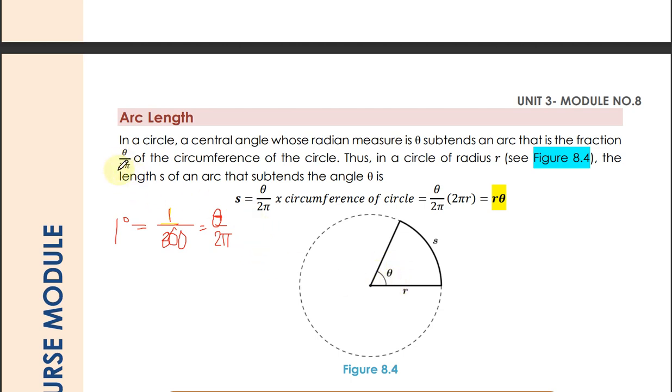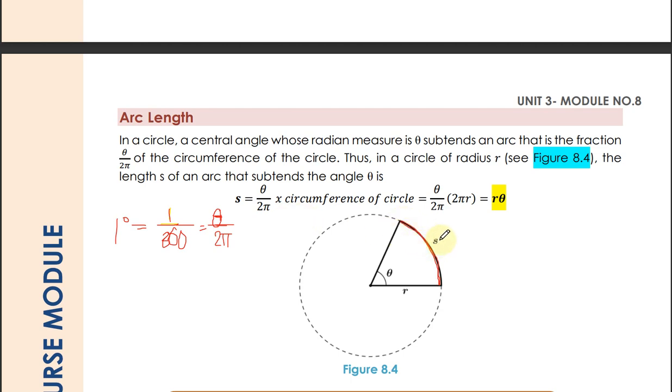Since 2 pi is in radian, the numerator, which is the theta, must also be in radian. Okay? So this is the fraction of the unit circle of that angle, which is multiplied by its circumference. When you multiply, the result you get is only this one, S. Okay?